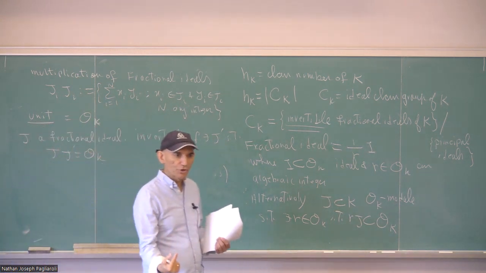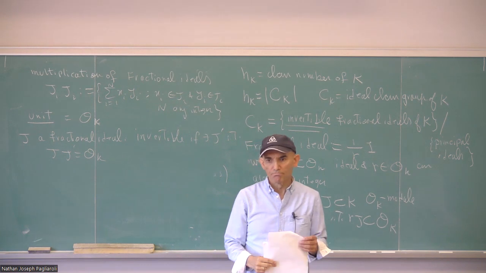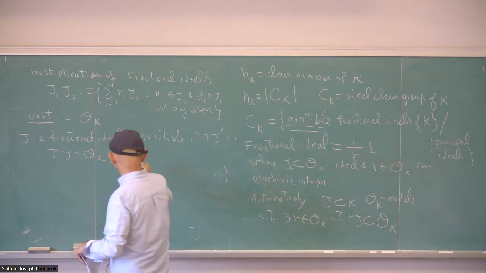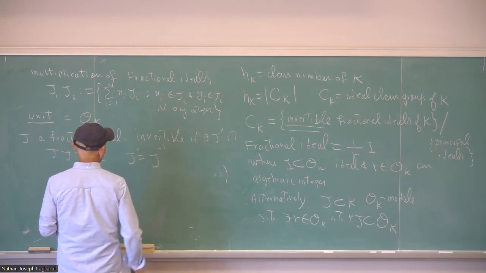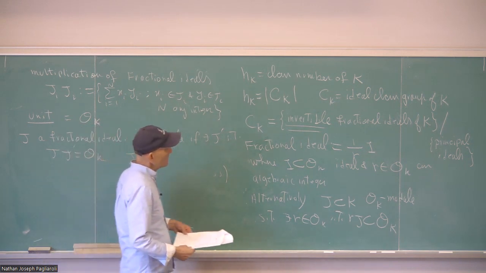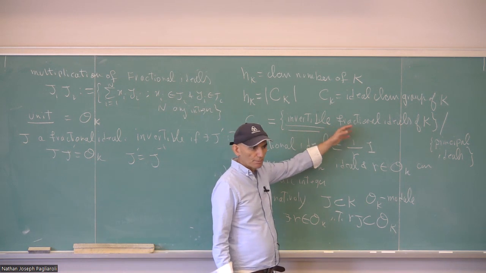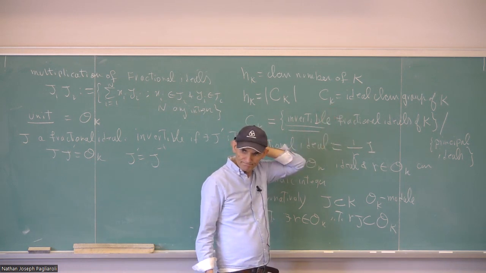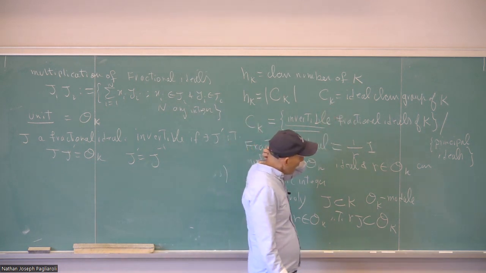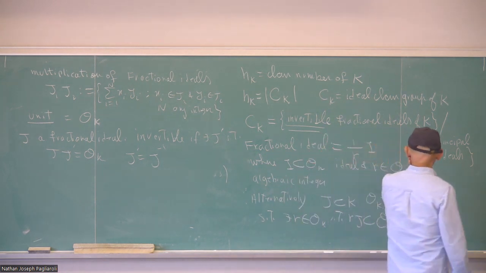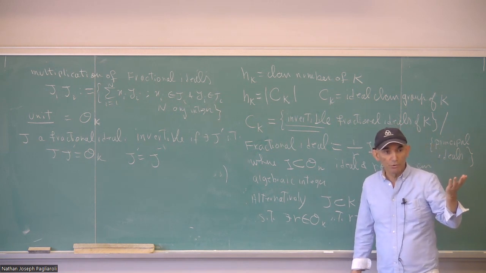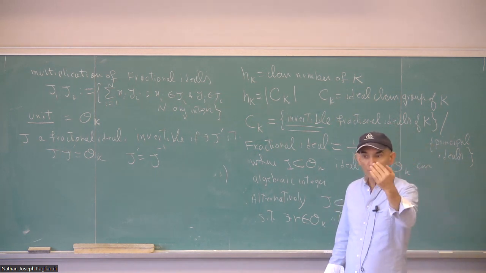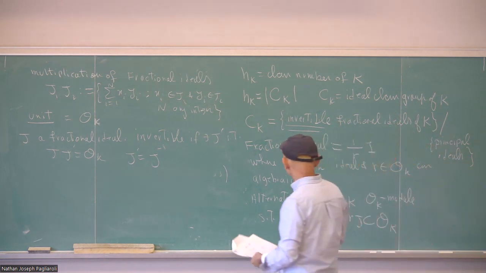And in that case, we call J prime the inverse of J. So that defines a group, which is a huge group. Now, what are principal ideals? Well, principal ideals are principal ideals. We know those. And you take the quotient and you get this thing.